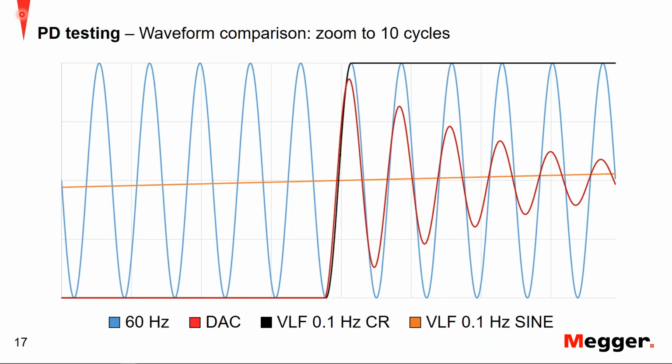I think this is a strong image to show the change in voltage with respect to time. And again, I want to reiterate that this really is an advantage when performing partial discharge testing on cable and layered surfaces.